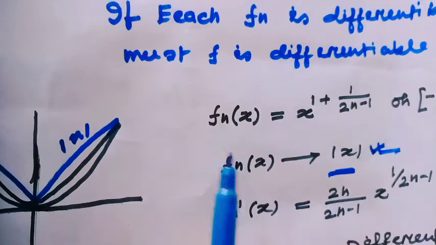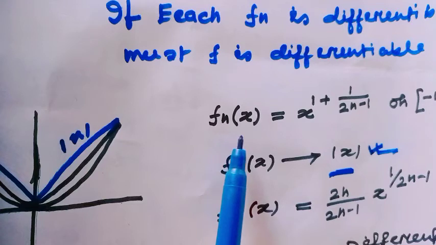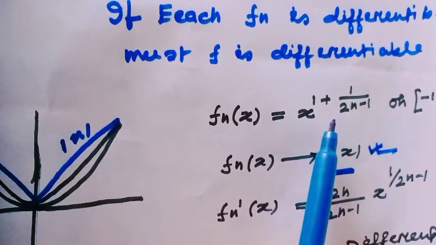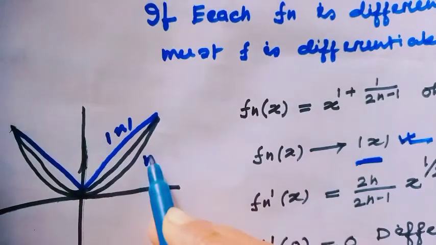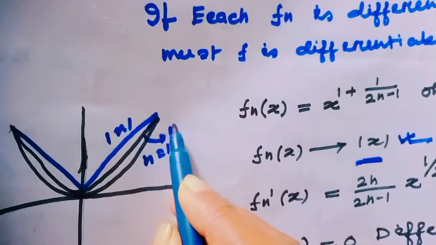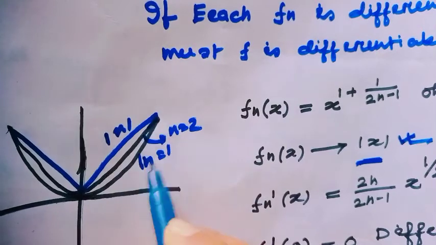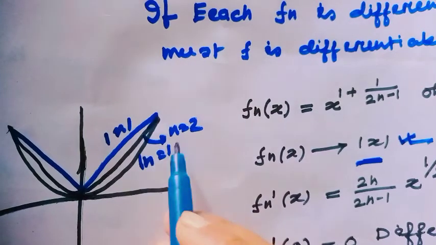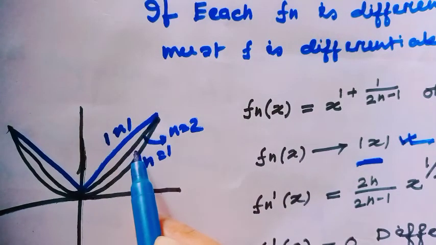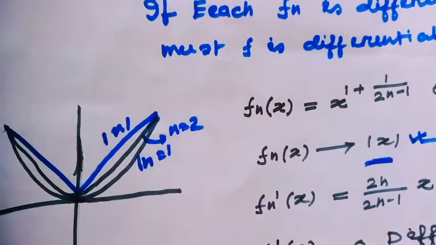Notice when n equals 1, this function is similar to x square. So the graph looks like this: n equal to 1, n equal to 2, and when n tends to infinity, the limit would be mod x.